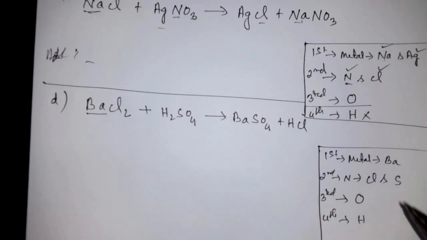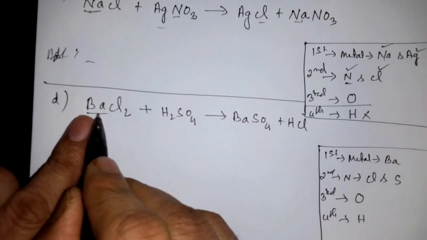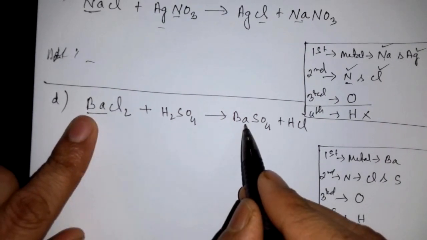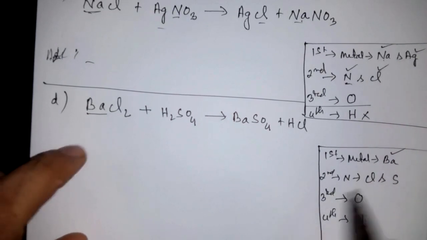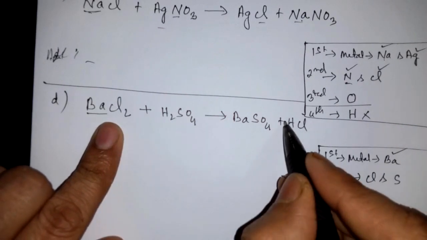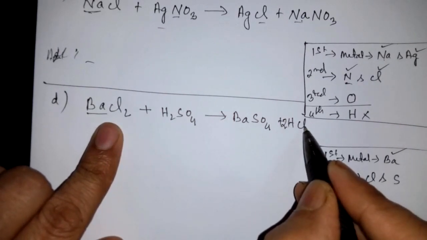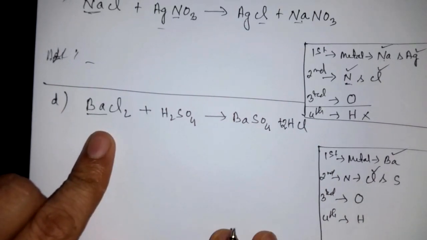Okay, now we'll start one by one. First, barium. This barium is 1, this also 1, so barium nothing to do, it is already balanced. Next is chlorine. This chlorine is 2, but this chlorine is 1, so if you put 2 here, then this chlorine is 2, this chlorine is 2, so chlorine done. Now sulfur.